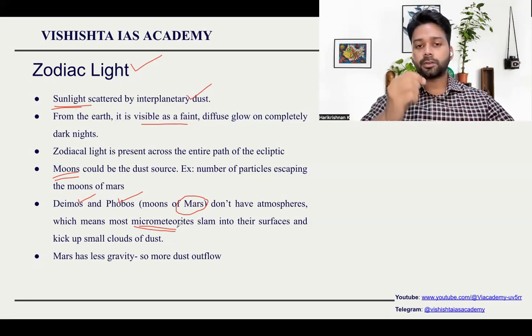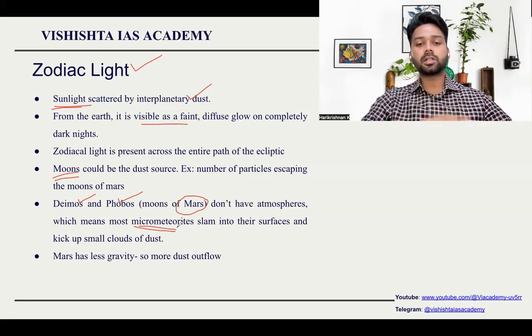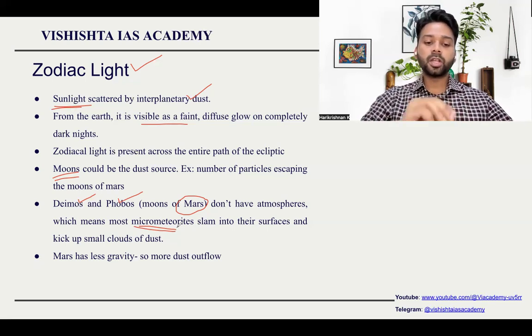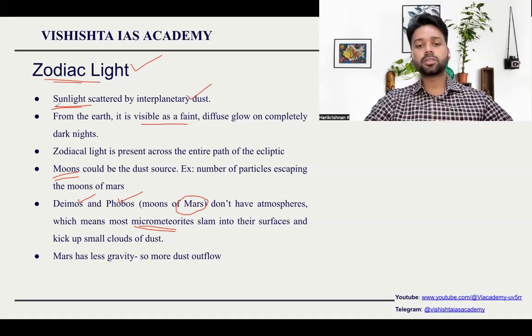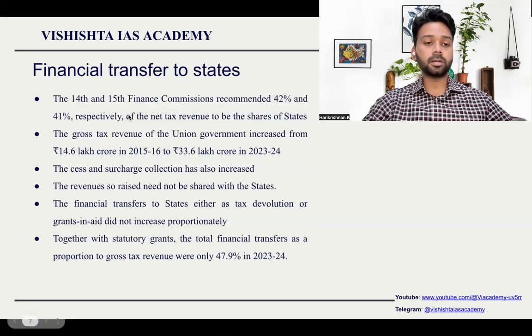When an interplanetary meteorite particle hits the surface of these moons, the dust particles emerge from them and spread all over space. This results in interplanetary dust. These dust particles result in zodiac light, that is, scattering of sunlight. This is the basic phenomenon. Try to remember it, it will help you in your prelims examination.